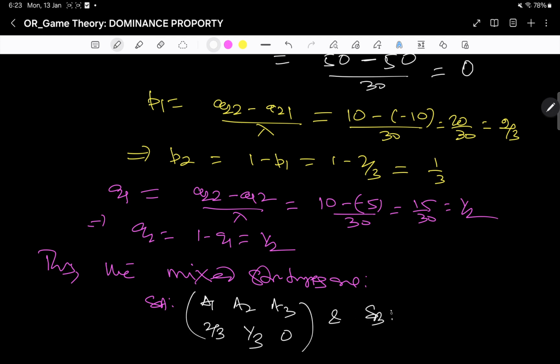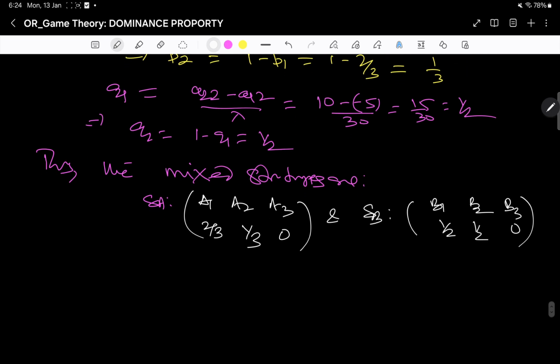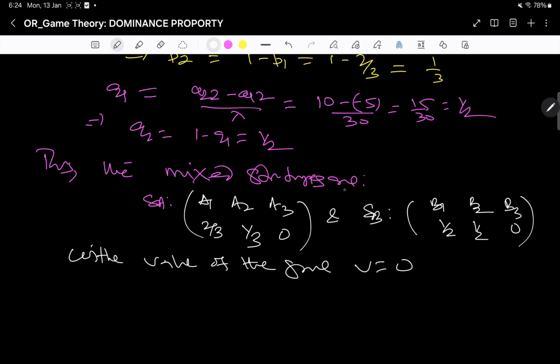And SB is B1, B2, B3, it is already 0 for B3, half and half, with value of the game V equal to 0. Thus the mixed strategies are, okay, this is for player A and this is for player B. Okay, so this is your answer.